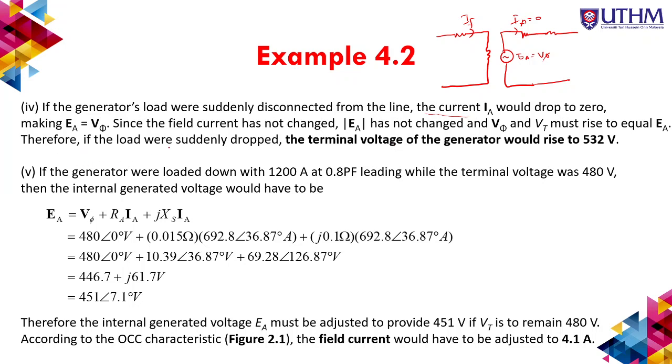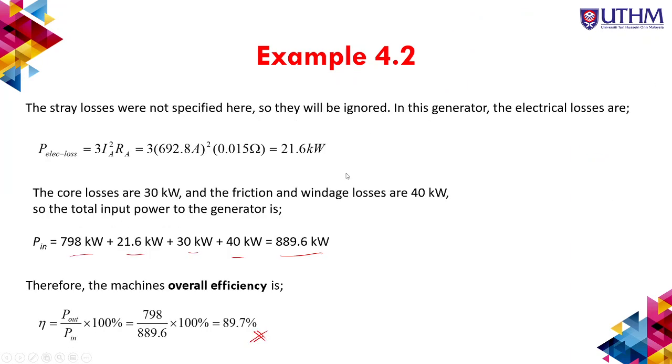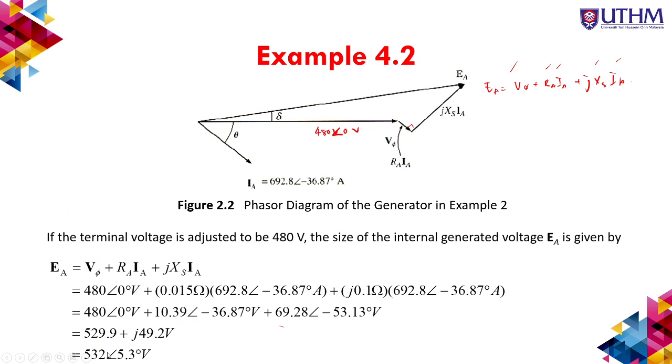Therefore, if the load suddenly drops, the terminal voltage of the generator will rise to 532. It will go back to what we calculated earlier, the EA. It will be equal to EA.